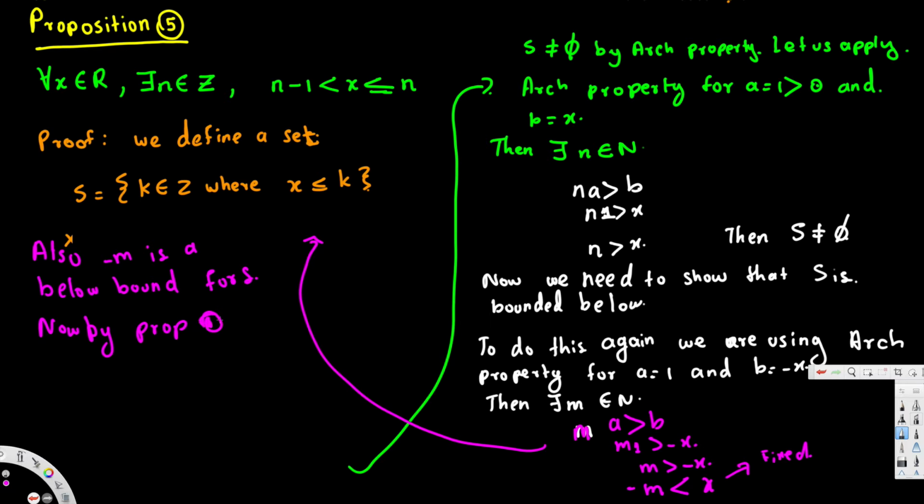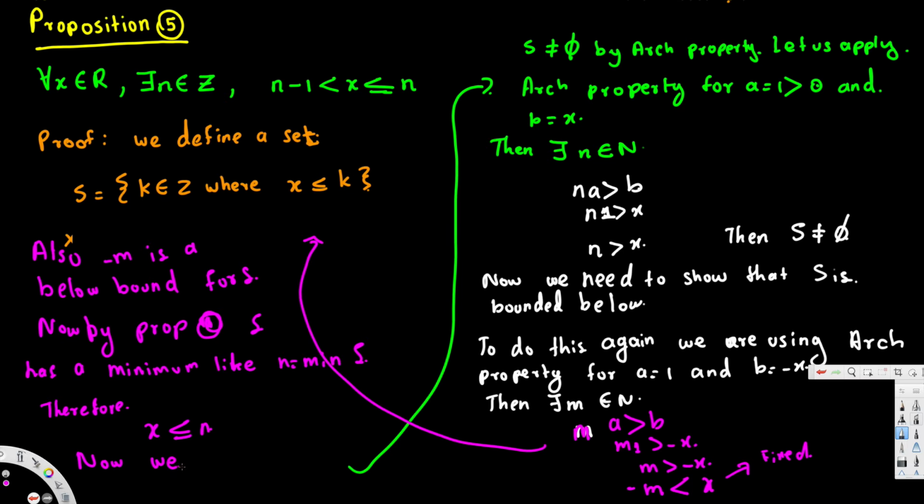You can just check them out if you search my channel. By proposition number 1, S has a minimum, like n equal to the minimum of S, therefore x is less than or equal to n.